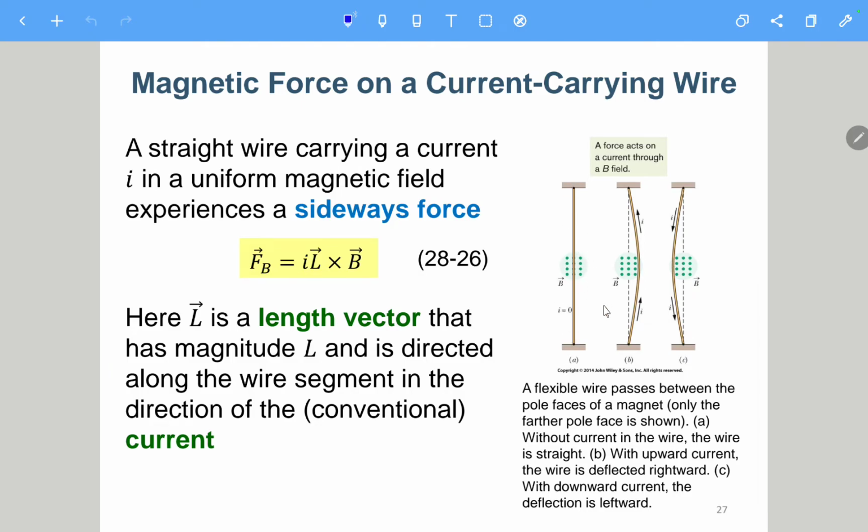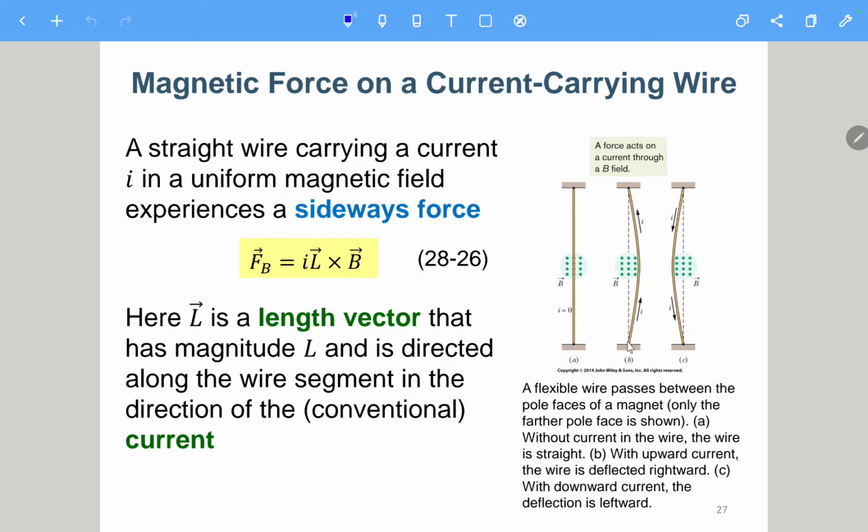If there is no current, then there is nothing special. The wire is very straight to connect these 2 points, and there is no force acting on the wire. Of course, you should neglect the gravitational force. And if we have some current going through this wire, then there will be something strange. Strange things happen.